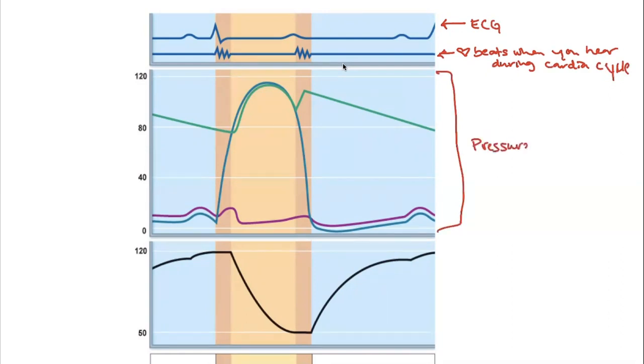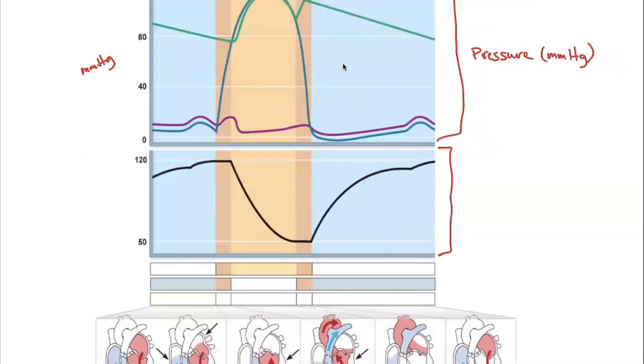So this is pressure, measured in millimeters of mercury. So over here, this is millimeters of mercury as a measurement of pressure. And then down here is going to be volume of blood in the left ventricle. And this is measured in millimeters.